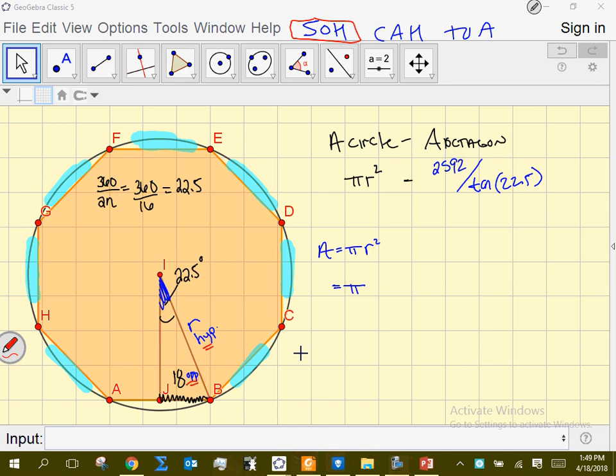So I would say sine of 22.5 is equal to opposite over hypotenuse. Then the hypotenuse will be 18 divided by sine of 22.5. Does everybody see that?